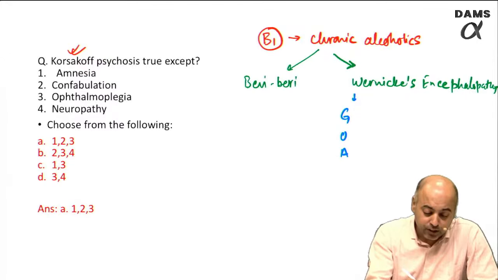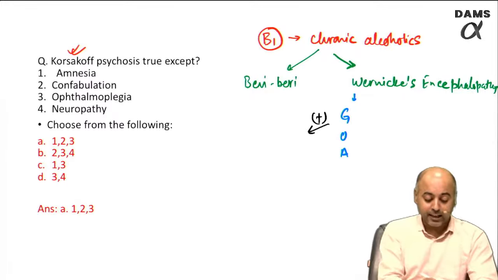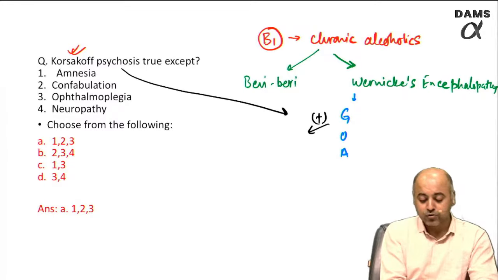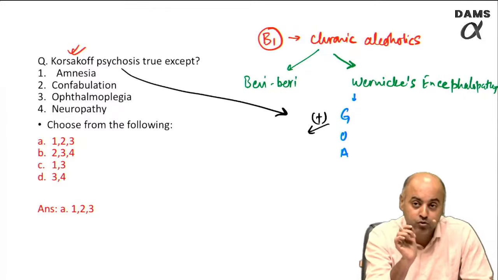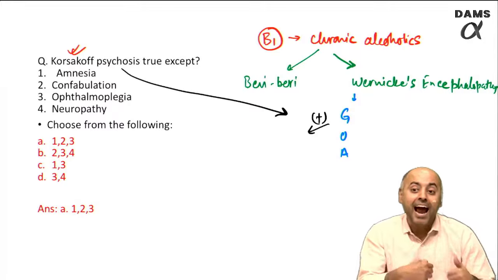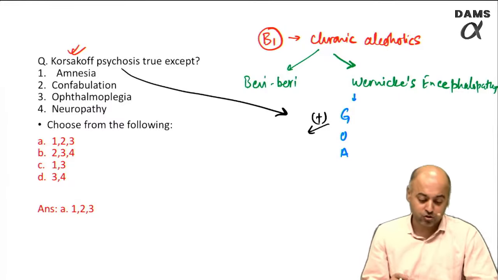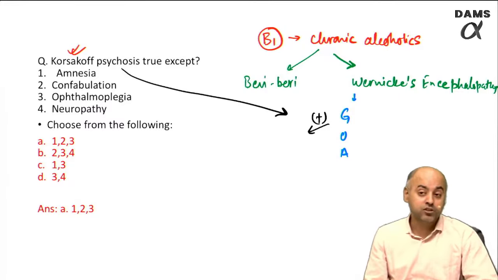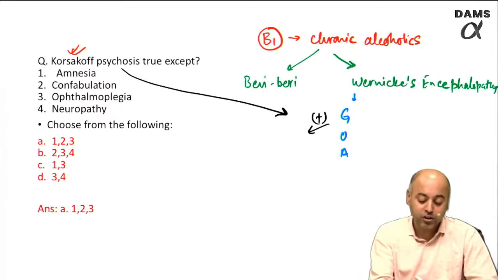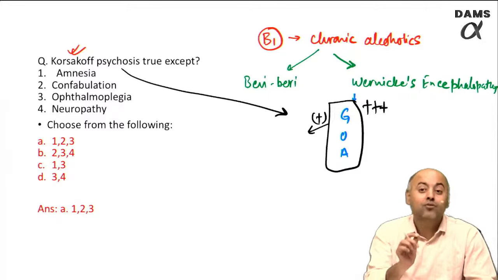However, if Wernicke's encephalopathy stays untreated, it gets exacerbated, and that is when the Korsakoff psychosis sets in. So remember, the features of Korsakoff psychosis are added upon the features of Wernicke's. So whenever you have Korsakoff psychosis, this GOA part will always be there.